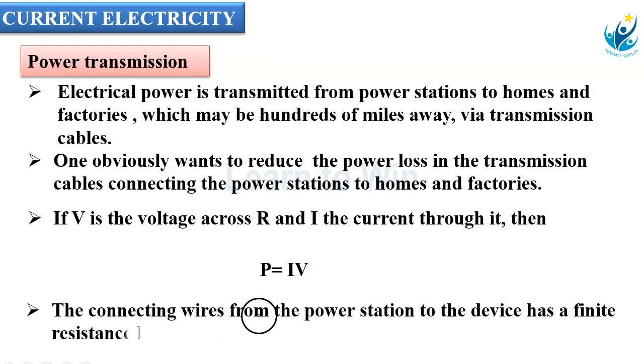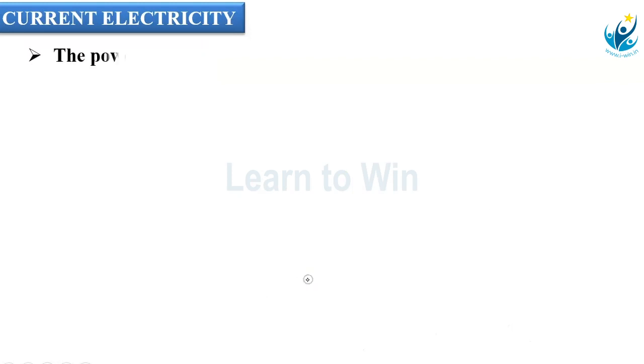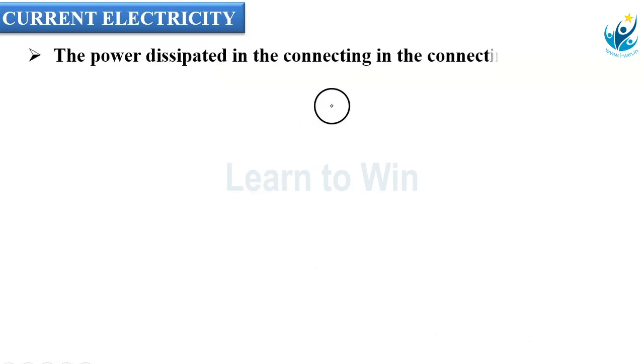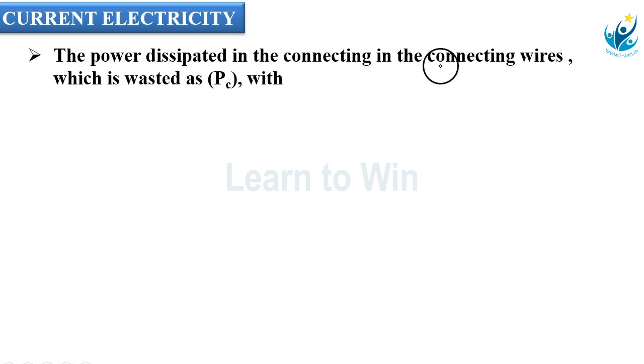The connecting wire from the power station to the device has a finite resistance RC. Then the power dissipated in the connecting wire, PC, is equal to I square into RC. What is I? Current in that conducting wire.